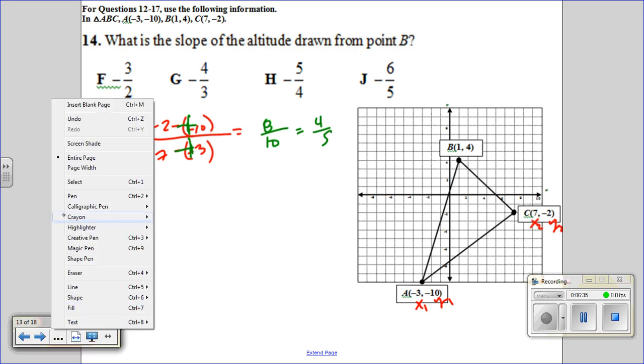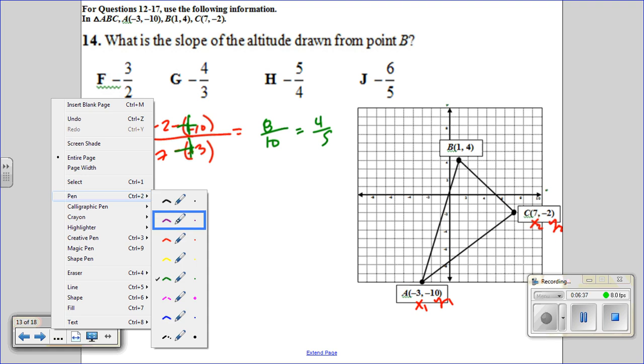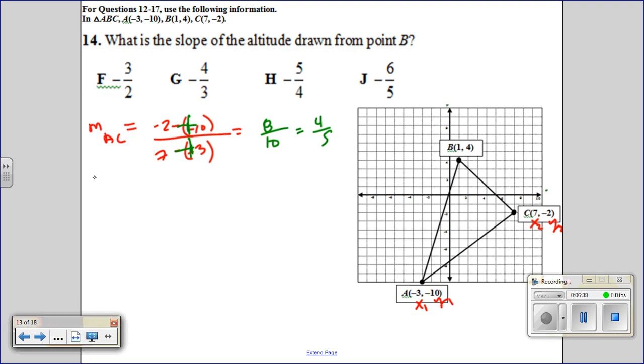The slope of the altitude will have to be perpendicular to that slope. Slope of the altitude has to be perpendicular to AC. And we talked about it on several occasions, but lines that are perpendicular have to have opposite reciprocals for slopes.